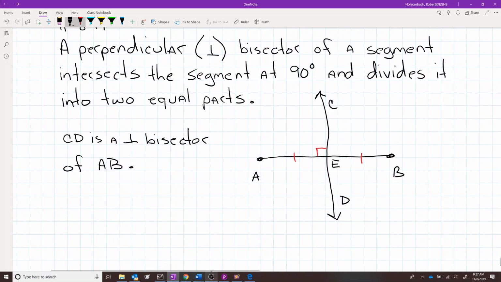So this is real important. Definition of a perpendicular bisector. And this is going to be real important.